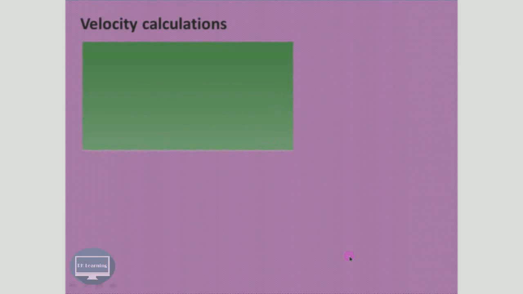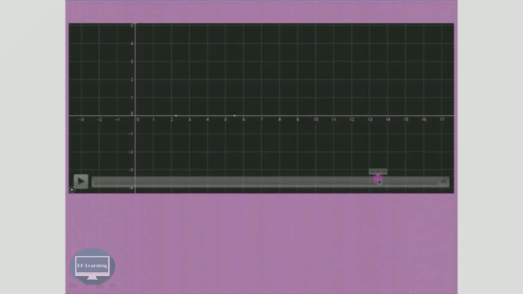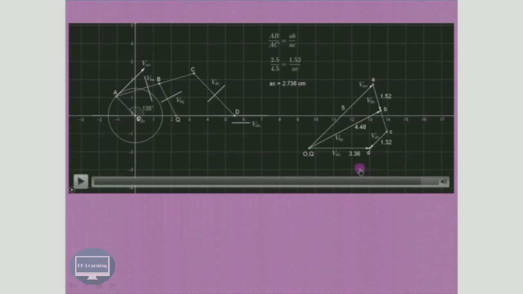So velocity calculation. The first calculation, that is the required answer, is the velocity of the slider. That is nothing but length OD in centimeter multiplied by velocity scale. As we have already seen, the length OD is 3.36. If we just go back, you can see over here in this particular diagram, this is 3.36.